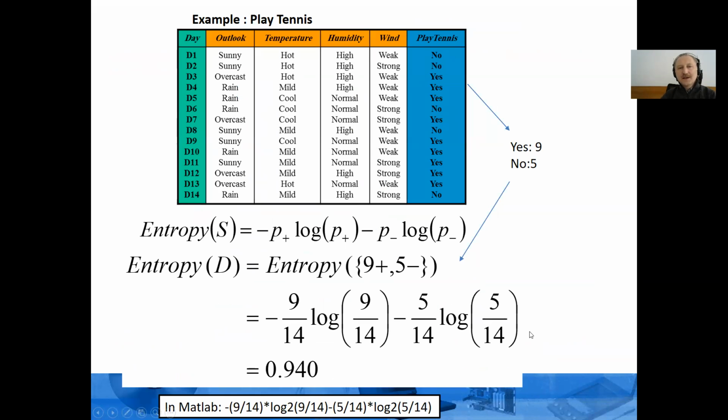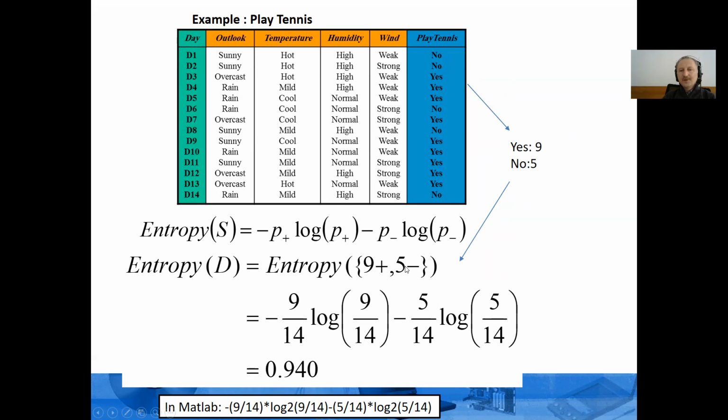Now, let's calculate the entropy of the whole set S. In the whole set, how many data do we have? 14 data. 9 of them are yes: 1, 2, 3, 4, 5, 6, 7, 8, 9. 5 of them are no: 1, 2, 3, 4, 5.